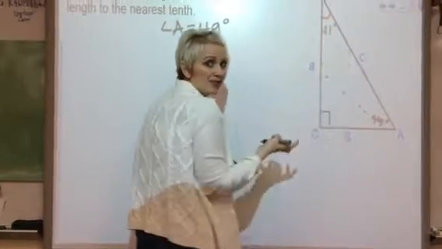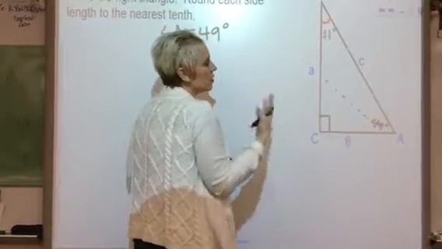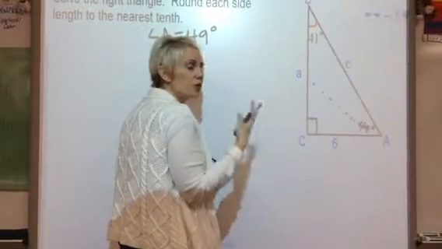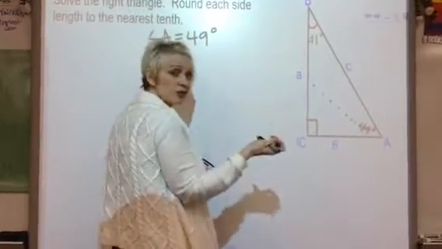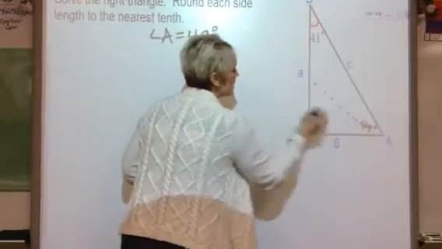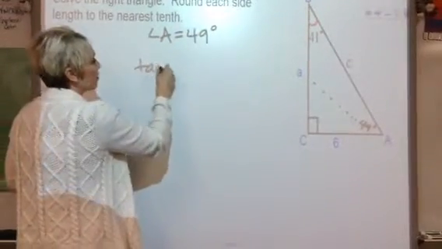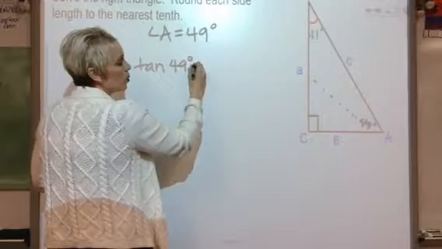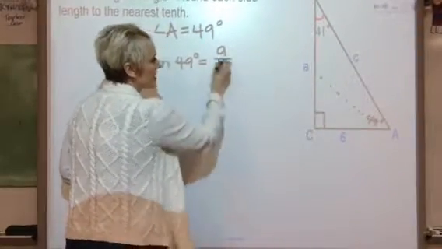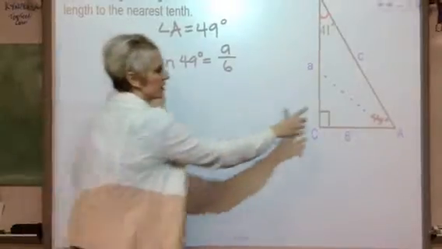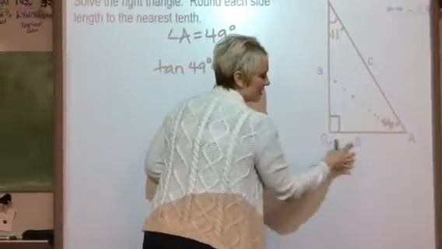My hypotenuse is C, so sine would not be good to use here. You want to use the ratios of things you know. Tangent would be great to use because tangent of 49 degrees would be A, which is what I want to solve for, over 6, because this is opposite over adjacent.